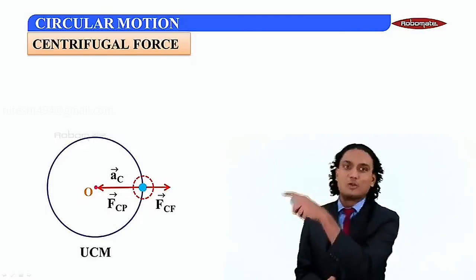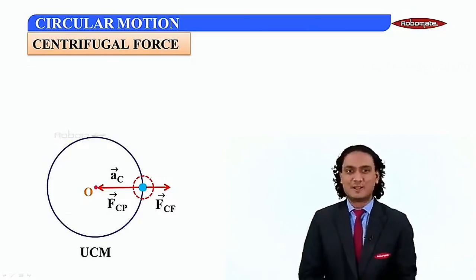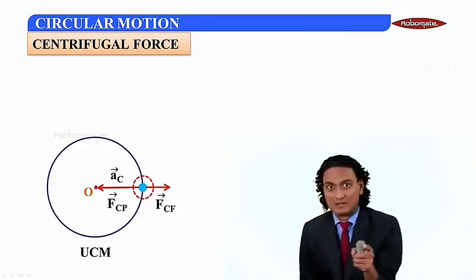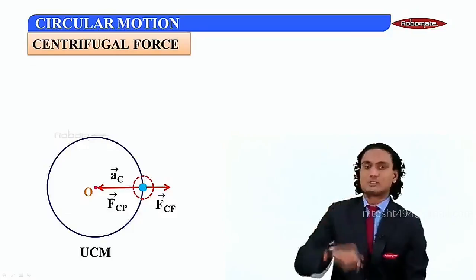So you have to get into the particle to experience this. From here I see, oh nice, particle is performing circular motion. But if I get into that particle, I am in an accelerated frame. So I will experience a pseudo force, and that force is called centrifugal force.